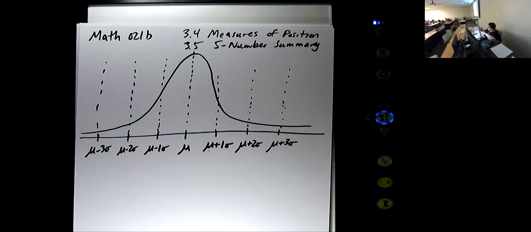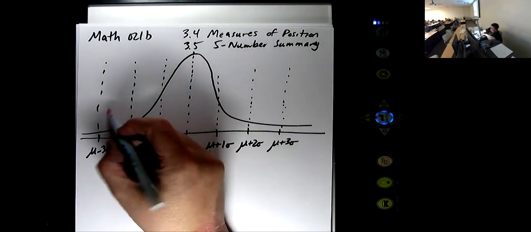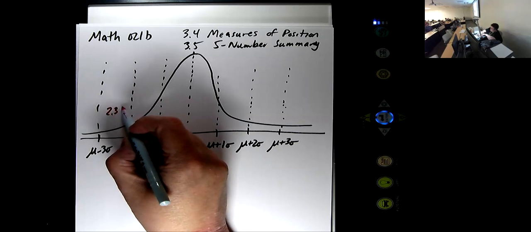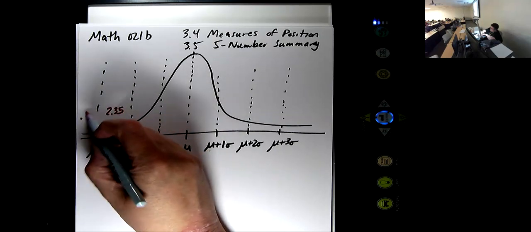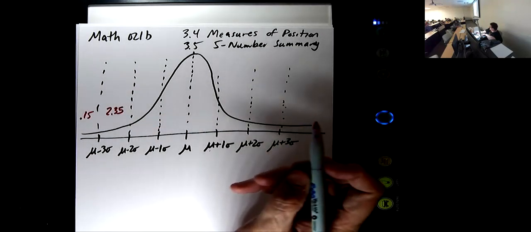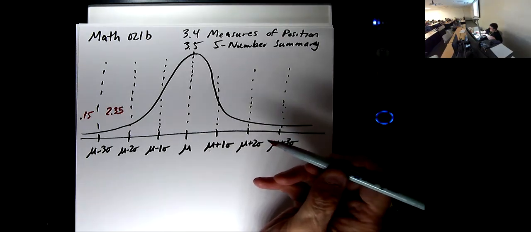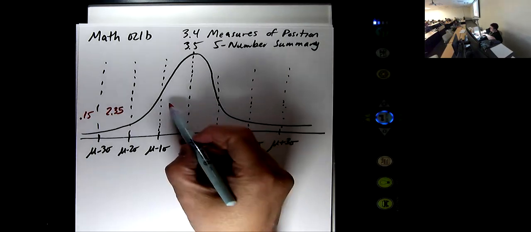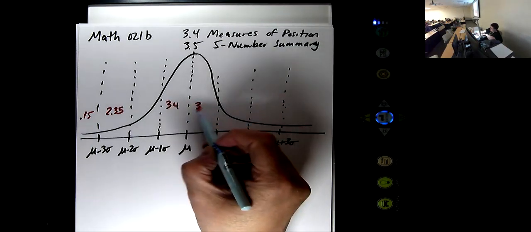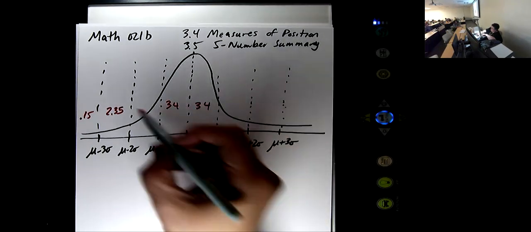Does anyone remember the percentages? 1.5 for the -3, 2.35, it wasn't 1.5, it's 0.15. 34 on each side of the mean. 13.5 next to that.